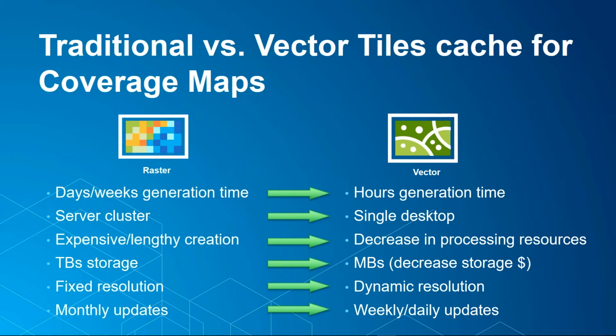You can have all of those capabilities with vector tiles for very clean, fancy looking coverage maps. And you can start publishing up and creating your maps on a more frequent basis with weekly or even daily updates to let your customers know when you have a new sector up and running or when you have a new service in a particular area.